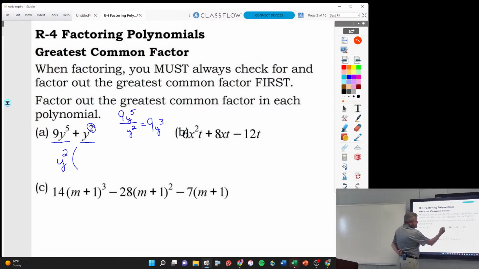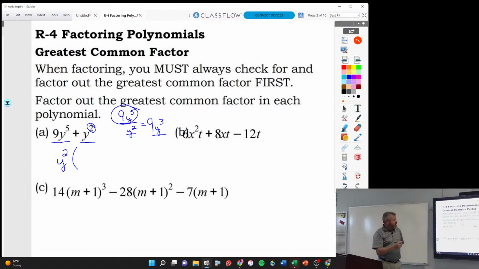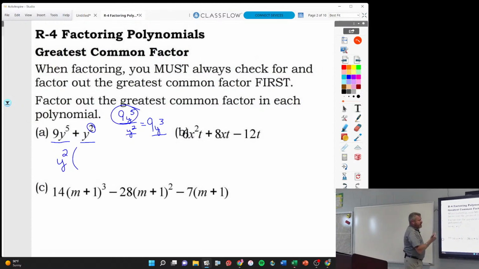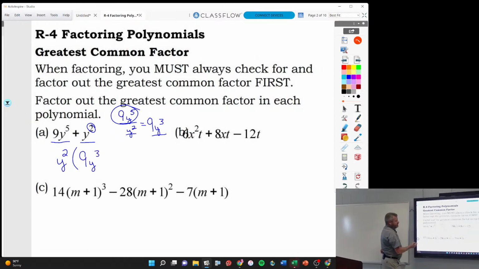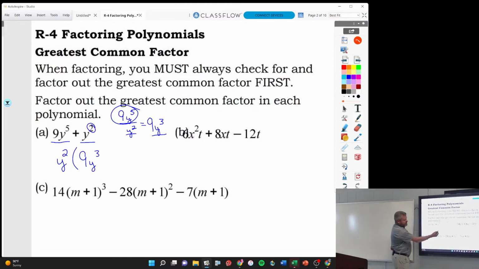What that means is 9y cubed times y squared will get me that 9y to the 5th power. So when I factor out that y squared, I'm left with y cubed. So y squared times 9y cubed gives me my 9y to the 5th back.